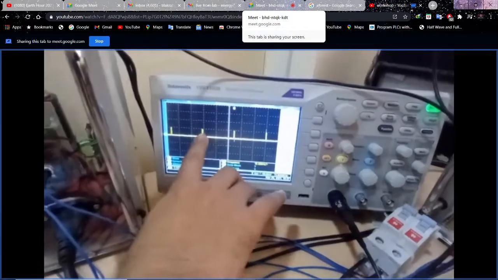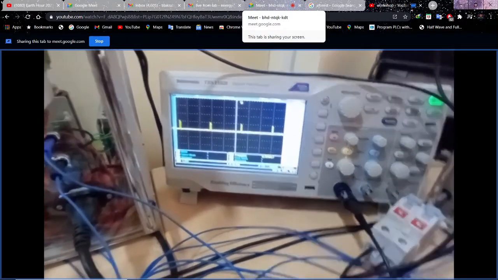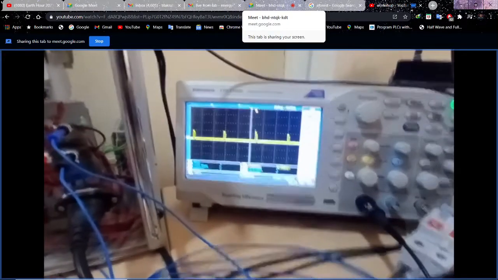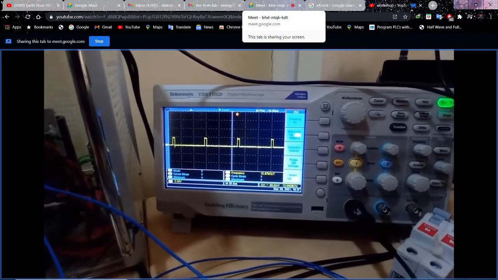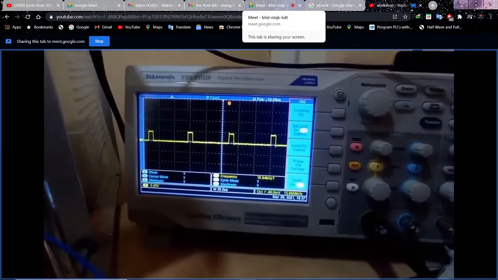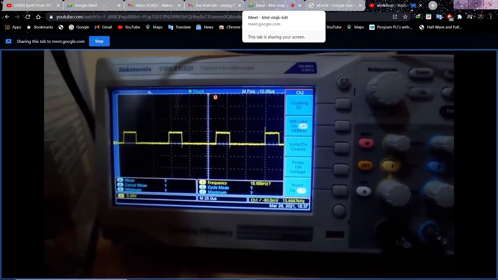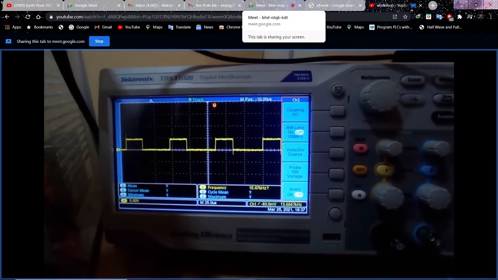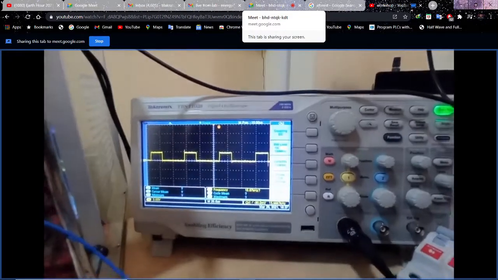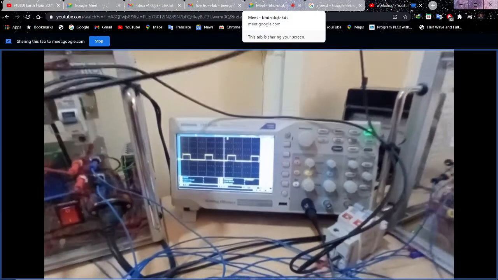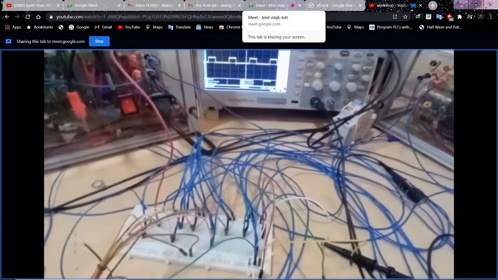This is the turn on time, this is the turn off time. Now we will vary the duty cycle. You can see we are varying the duty cycle. This way we can vary the duty cycle. Now we will see, if we vary the duty cycle, how the output will vary. That we have to check now.